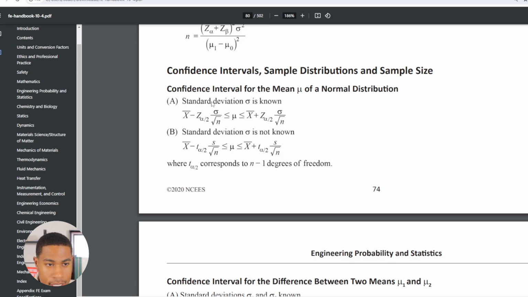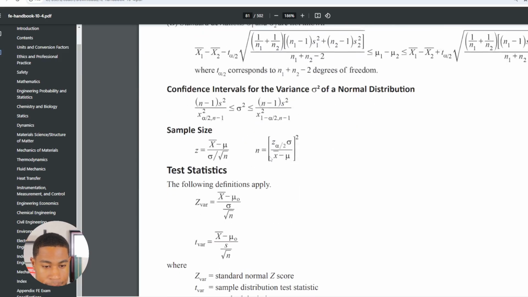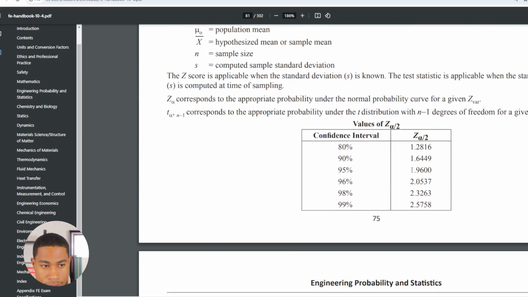So this is basically saying that X bar, which is the sample mean, minus Z of alpha divided by 2. Okay, that is going to be something that you're going to have to grab. And so you grab it from this confidence interval table. Depending on how confident you're trying to get, that's the value you're going to pull.